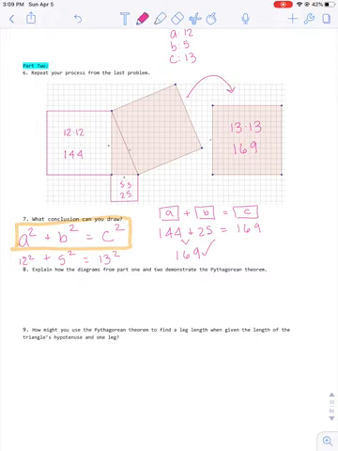So it says explain how the diagrams from part 1 and 2 demonstrate the Pythagorean theorem.